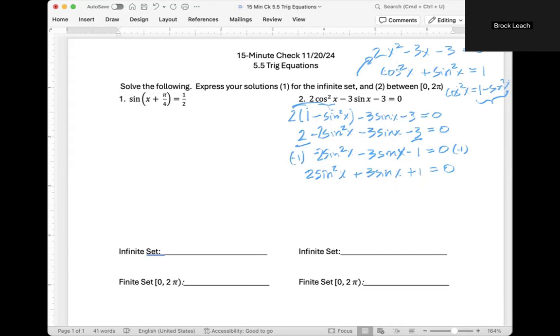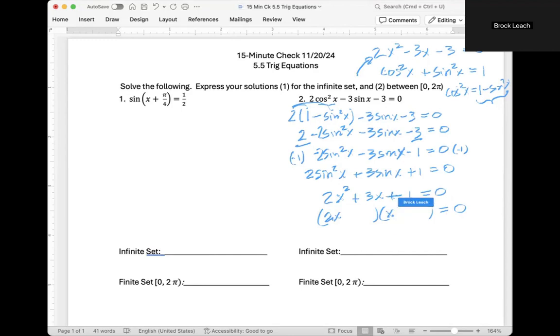So if it helps you to not have the sine in there when you factor it, you can picture it that way. Just put in 2x squared plus 3x plus 1 equals 0 and factor this with our double parenthesis, 2x and x.